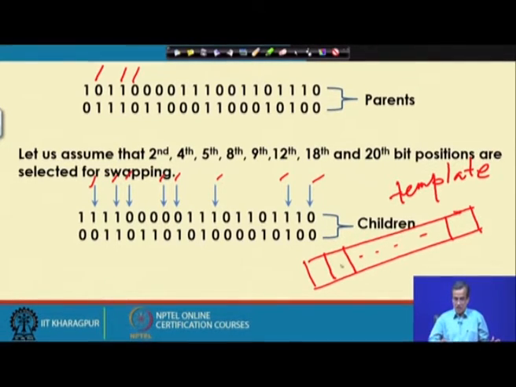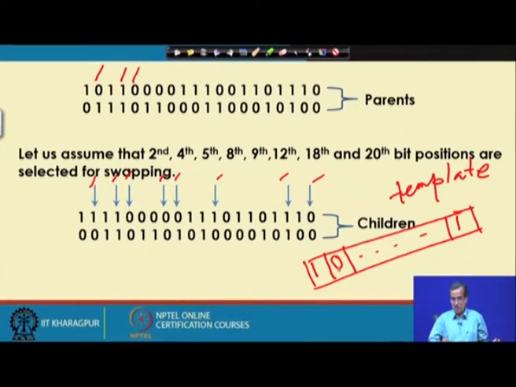Now, at all these 20 positions, we generate 1 and 0 using the random number generator. Supposing that there is 1 here, there is 0 here, there is 1 here, and in between there are some zeros and ones. The principle is as follows: if there is a 1 at a particular position, there will be a swapping of the bits, and if there is 0, there will be no swapping and the bits will remain intact.